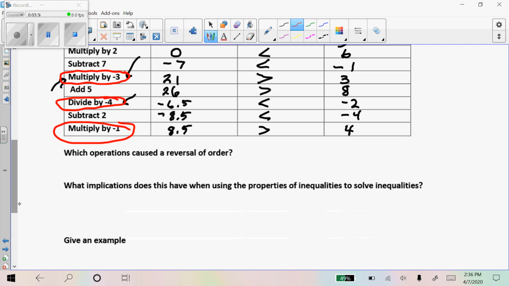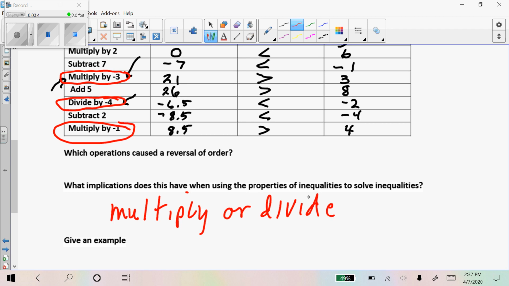What that means is that when you multiply or divide by a negative, you have to reverse the sign.